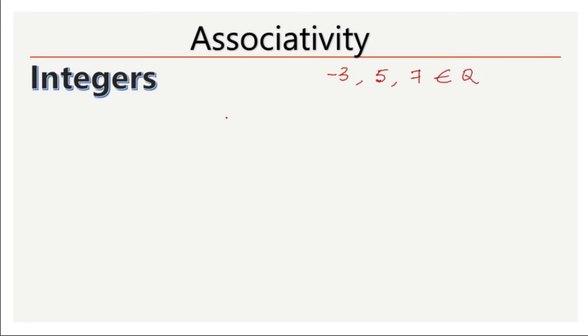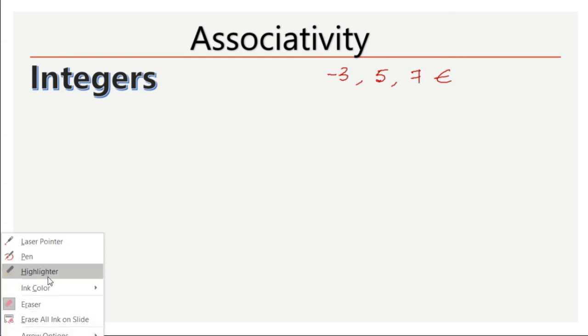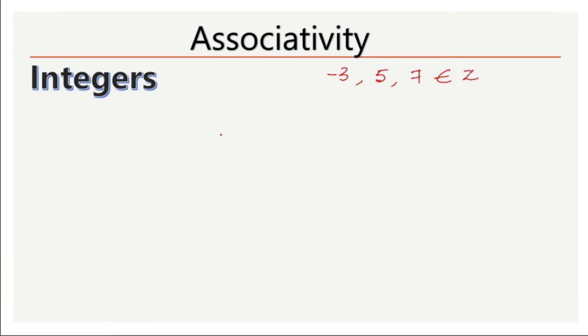Let us verify the associative property in terms of integers, in the set of integers Z. So A added to (B plus C) equal to (A plus B) added to C.